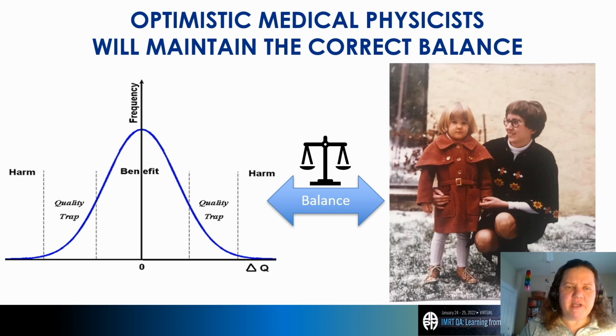At the same time, while we have to talk about statistics of large numbers, every single patient trusts us to do the right thing. Just keep that in mind whenever we make decisions to change a process.